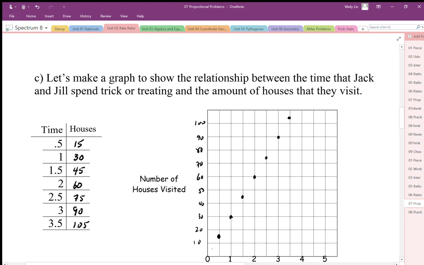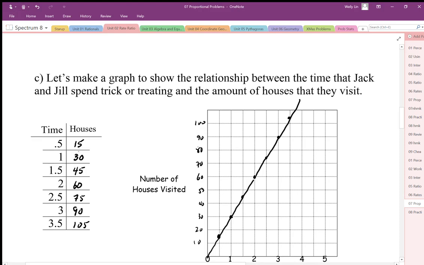And I want you to notice that if I look at the pattern of this, it really is a straight line pattern that goes through 0, 0. And in fact, if you take a look at these ratios, 1 to 30 here, 1 to 30, 2 to 60, 3 to 90, these are just equivalent proportions.